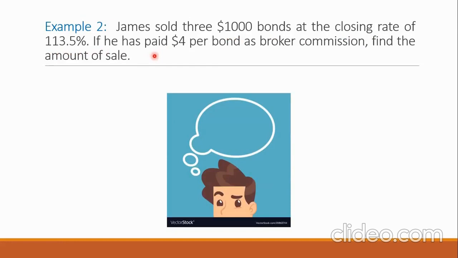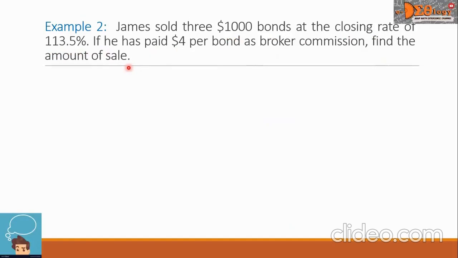If he has paid $4 per bond as broker commission, find the amount of sale. In this problem, we are going to compute for the amount of sale. Let us first write the formula for the amount of sale. This is equal to the closing price minus commission.